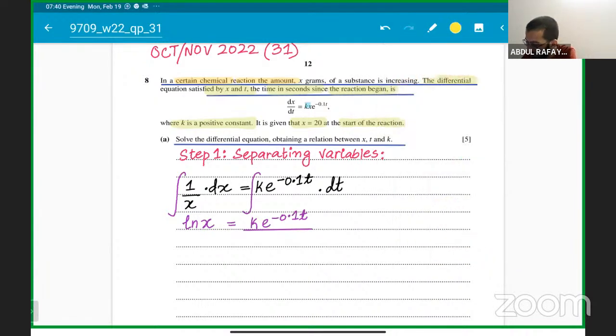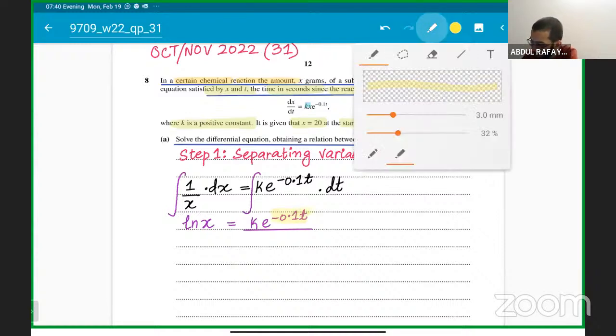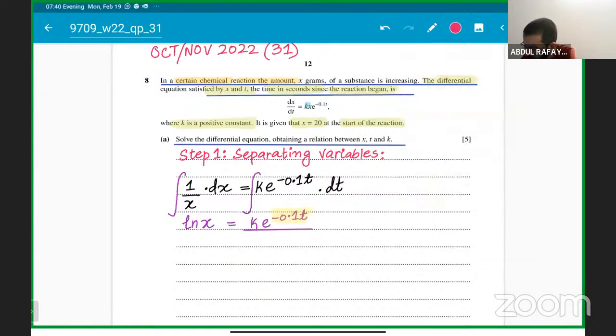The power is negative 0.1t. The differentiation answer will come negative 0.1, and that will be divided because we are doing integration here. I'll repeat my point. An exponential integration or exponential differentiation remains the same. So e power minus 0.1 times t will remain the same because k is a constant.